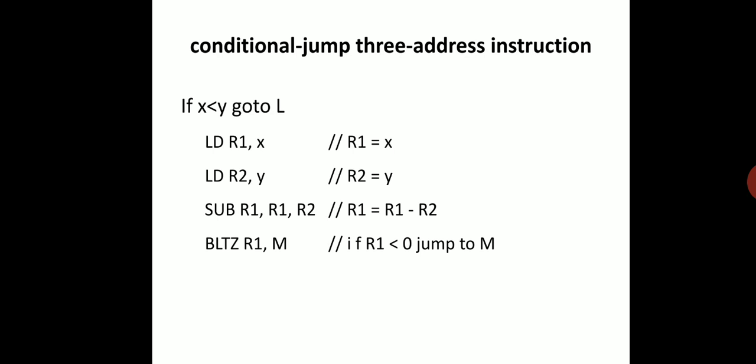Then BLTZ R1 comma M means branch to the location M if R1 is less than 0. If this condition is true, then jump to the location M. So this is the conditional jump three address instruction.